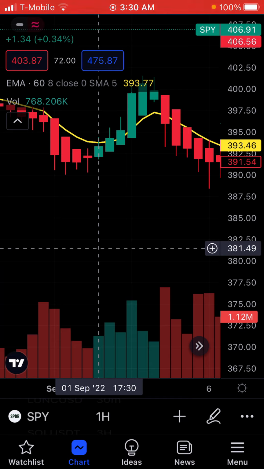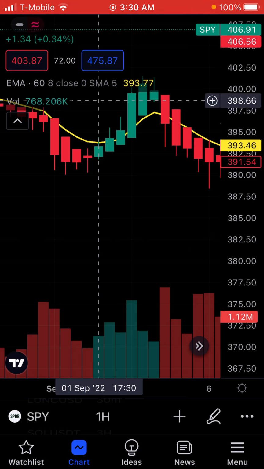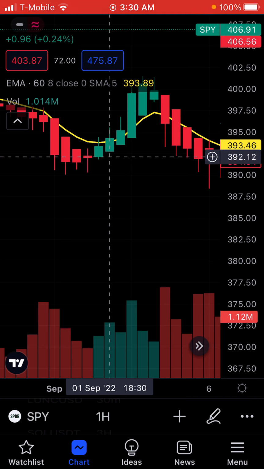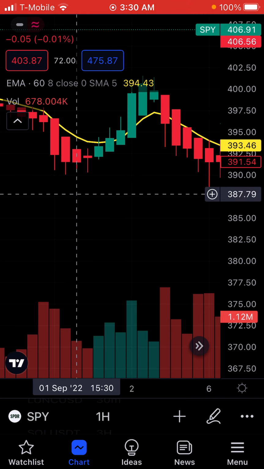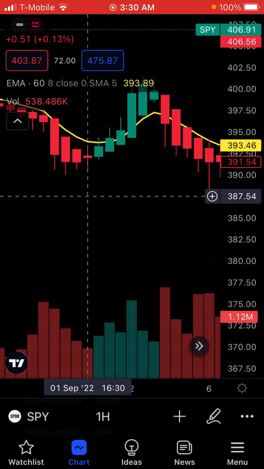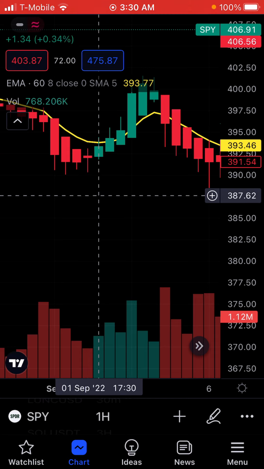Then up there in that corner, see up here in this corner where it says volume? When you go from red to green in the volume, that bar down there, you want to look at your volume.